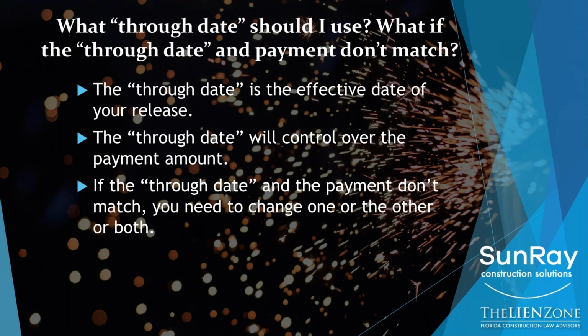So if you only want to pay me $50,000, I need to change my through date to match the period of time that $50,000 represents. If $80,000 gets me to the end of the month and $50,000 gets me to the 22nd of the month, based on how I did my work and my billings on the job, then that's what I have to change the through date to. So if the through date and the payment date don't match, you need to make a change to one or both of them.